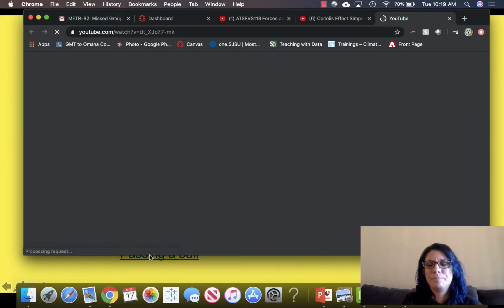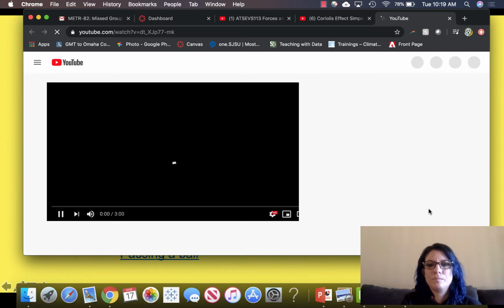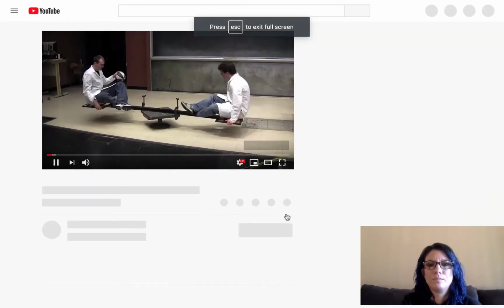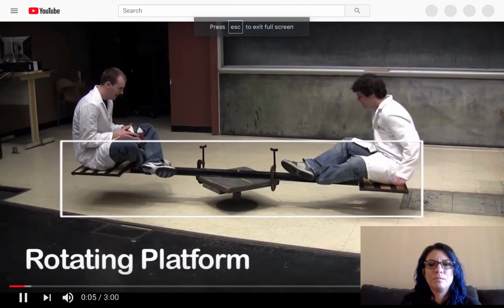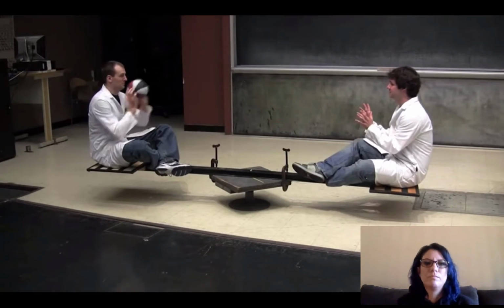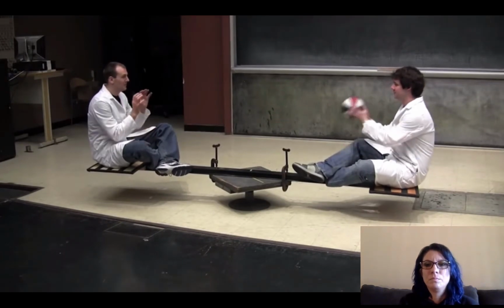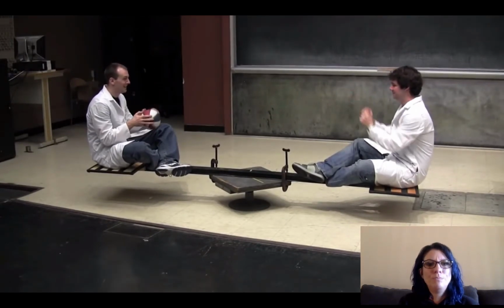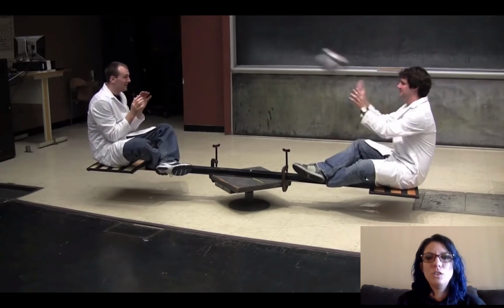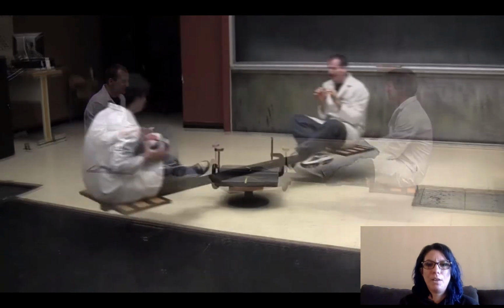Here's another one. So they can throw the ball back and forth, and it just goes in its regular straight path.